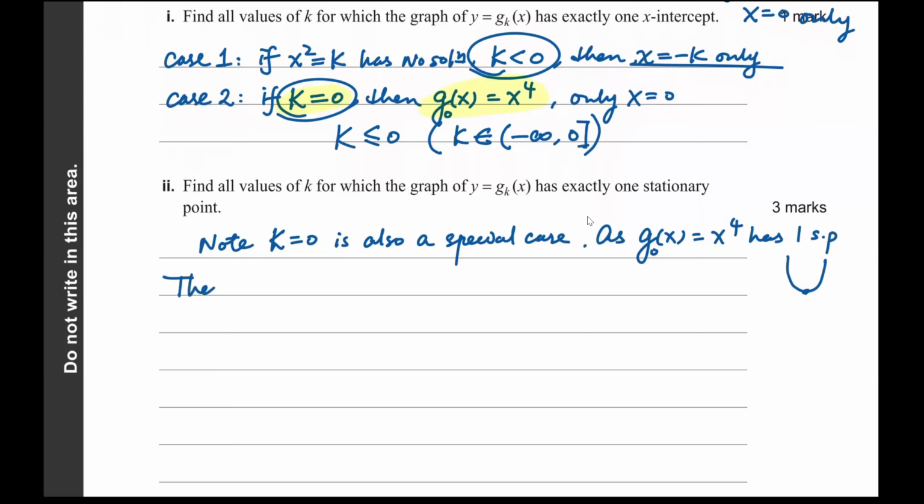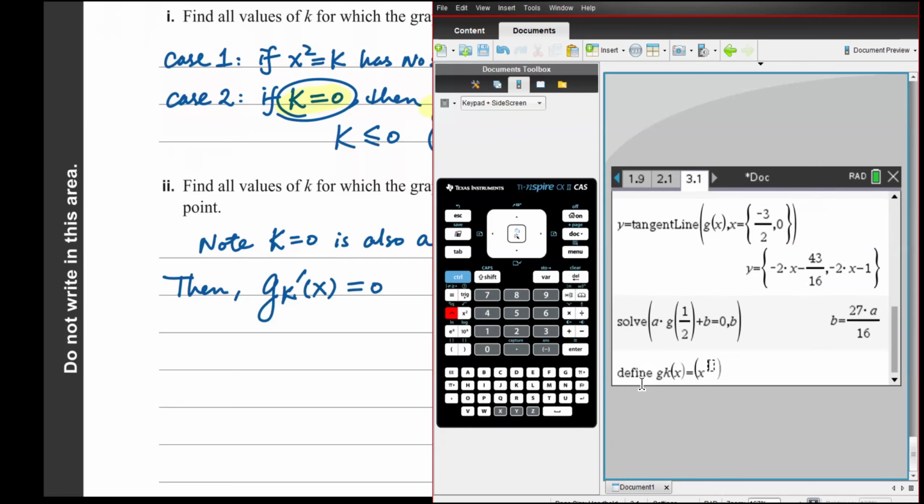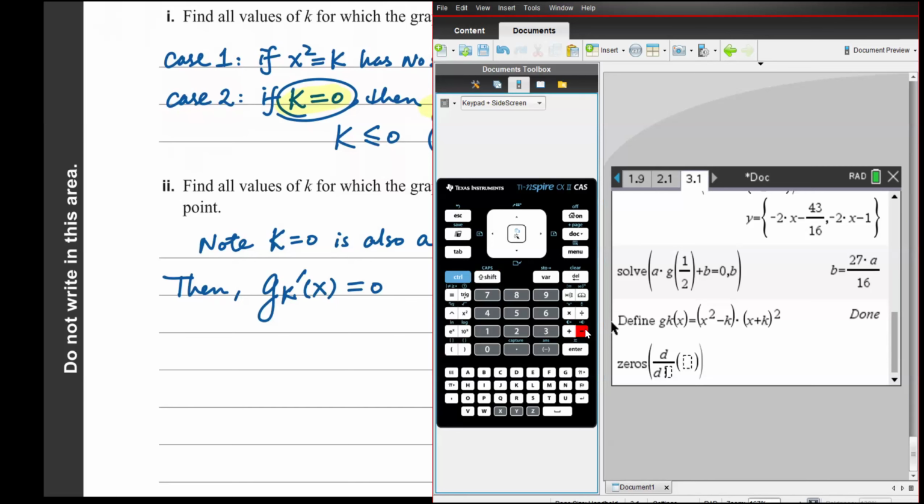And then let's try to find the location of the stationary point, g dash of x equals 0. So in this case, I'm going to define g_k of x equal to x squared minus k times x plus k squared. Just take the derivative equal to 0, or you can use the zeros button.